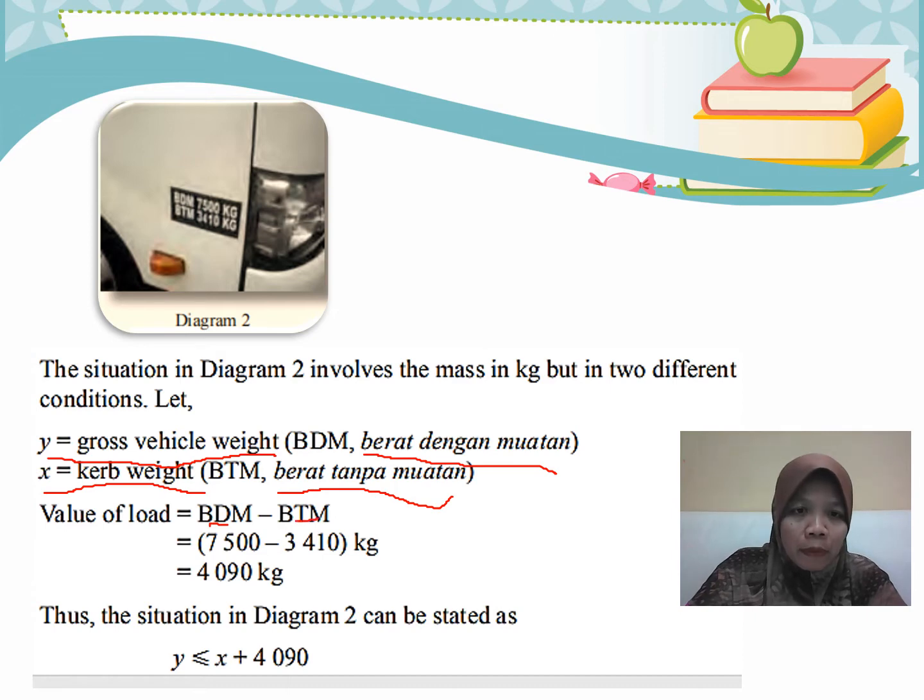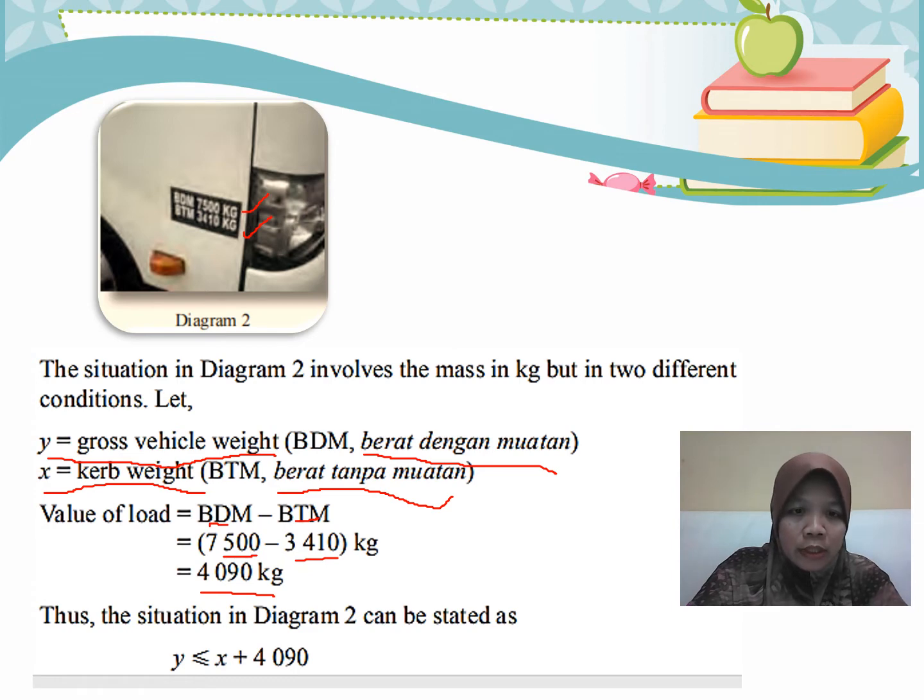From the diagram, BDM is 7500 kilogram and BTM is 3410 kilogram. So value of load, BDM minus BTM, equals 7500 minus 3410 kilogram. Then you will get the value of load equal to 4090 kilogram.